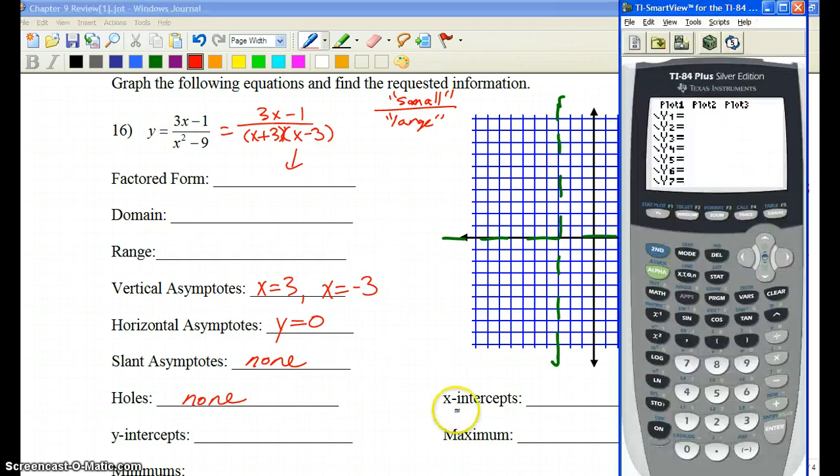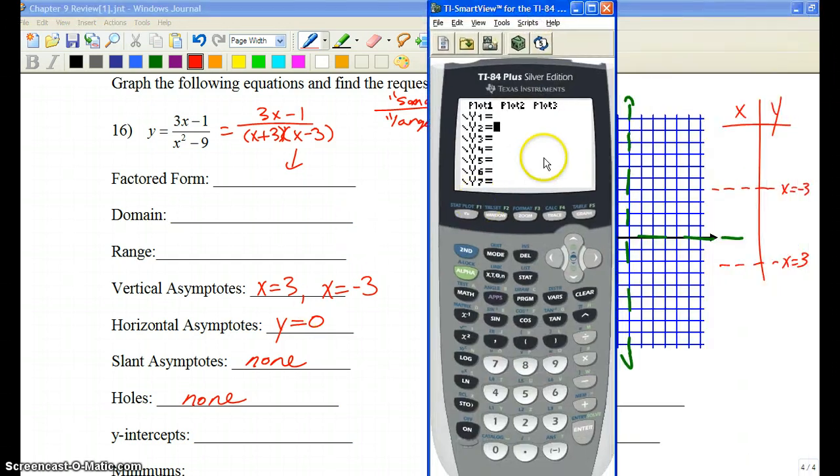And then I'm going to go ahead and drop the function into my calculator. I'm going to put the original in, and I'm going to put the factored form in. What that's going to do is give me an opportunity to check my factoring to see if I did it correct.